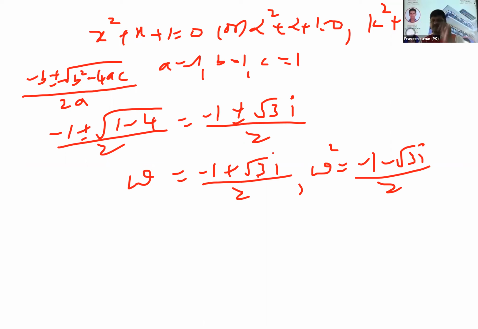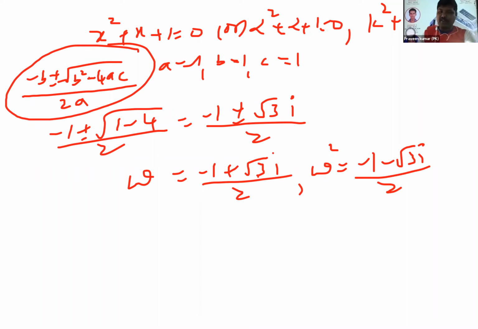Right up to here first, everyone? Omega and omega square values, right? You know this formula, minus b plus or minus root of b square minus 4ac by 2a. In place of a, b, c, I substituted 1 and got this answer. Omega is minus 1 plus root 3i by 2. Omega square is nothing but minus 1 minus root 3i by 2.